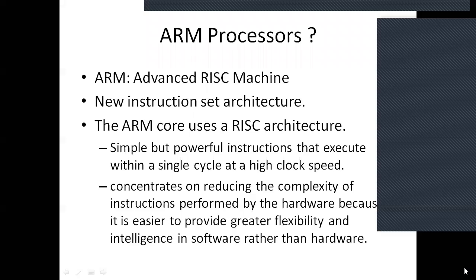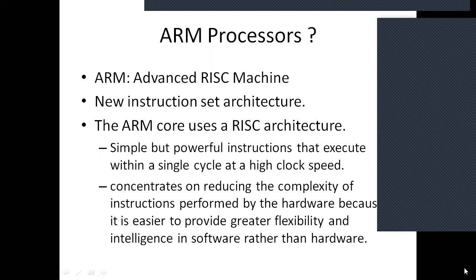In general, when you run fast, you need more energy. So when you operate your microprocessor at a higher clock frequency, it consumes more power because it executes more instructions in less time. So it has to be balanced, that is, the performance as well as the power consumption.